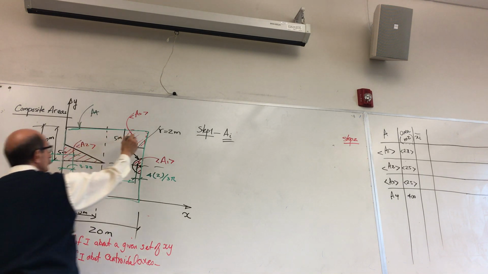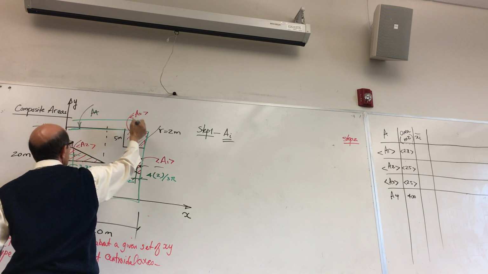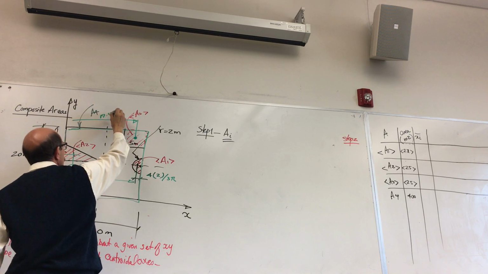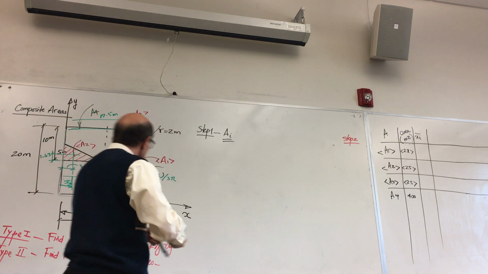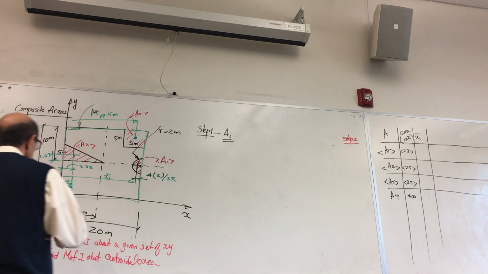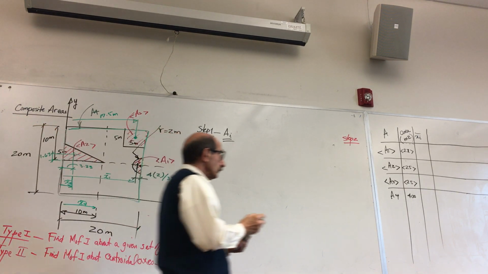So this is x2 bar. For this guy it is right here, so that is 2.5 plus that, 17.5 meters. So just tabulate them. And for this guy, obviously in the middle of it, so it is 10. So this is x4. Let's just write them down.